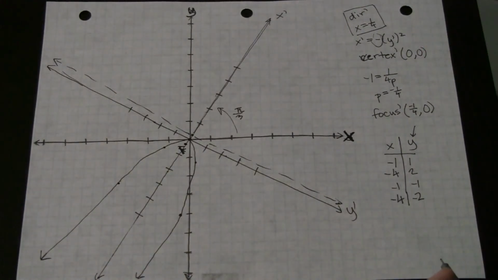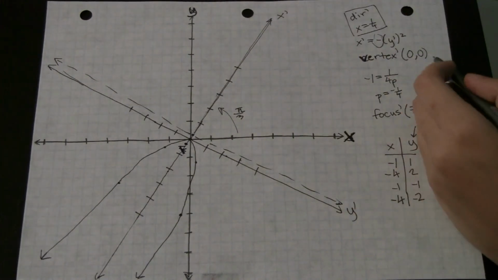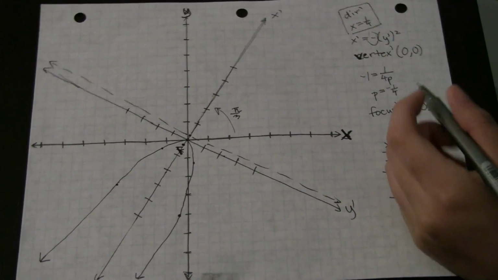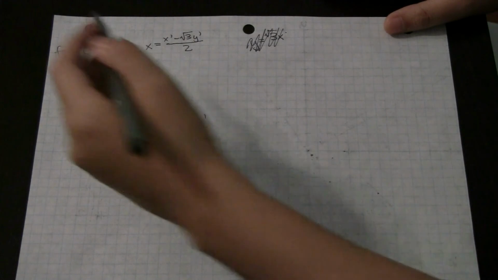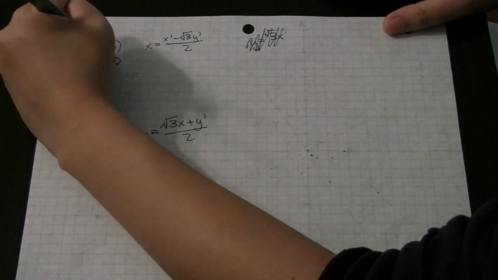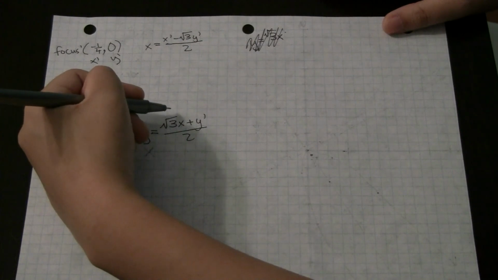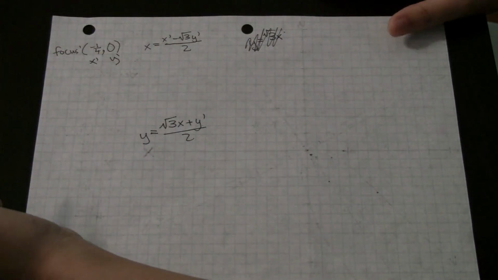Okay, so one last thing is finding the rectangular form of any of these points. So in this case, since the vertex is just 0, 0, it's going to be the same in the rectangular form. So I'll do an example with the focus. To find the rectangular form, basically you just plug in the x prime and y prime back into your original x and y equations, and then that'll give you the rectangular form.